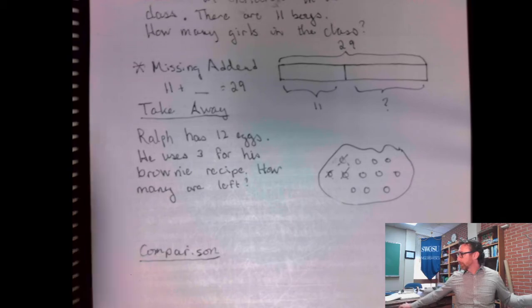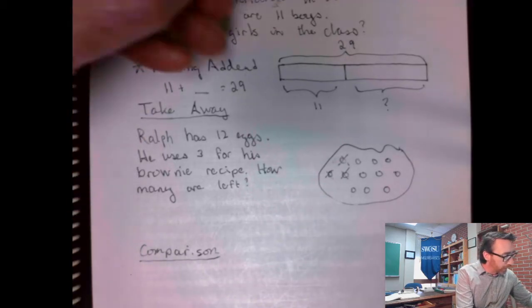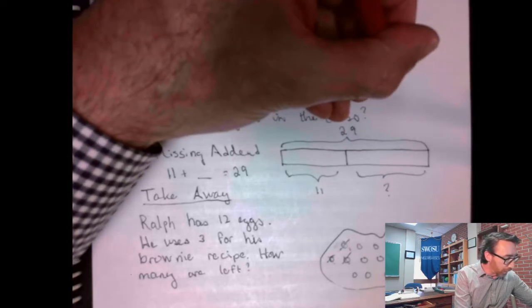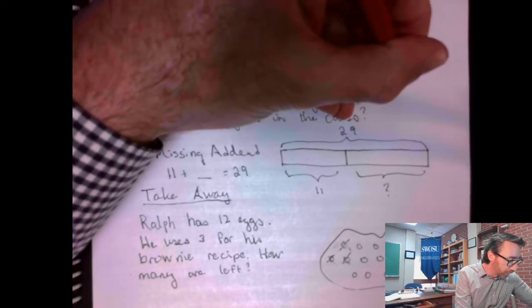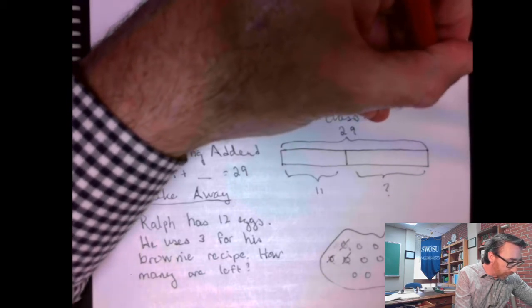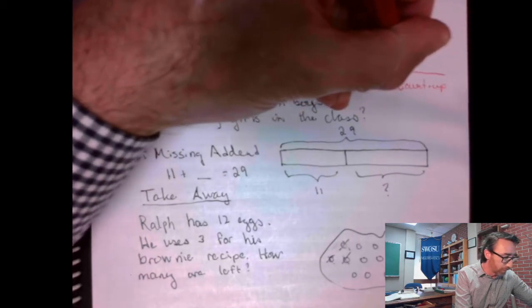A couple of things that I would point out here. This part-whole model is very conducive to a count up strategy to find the difference.